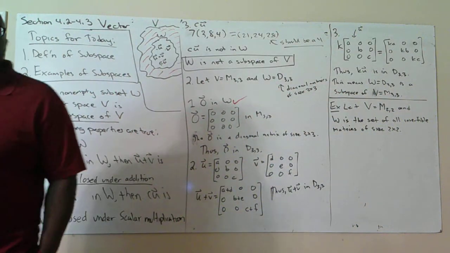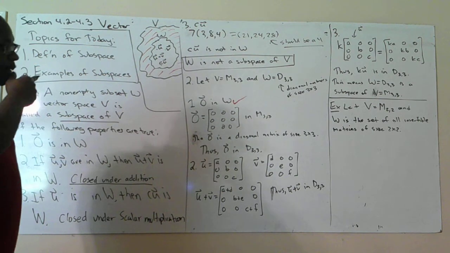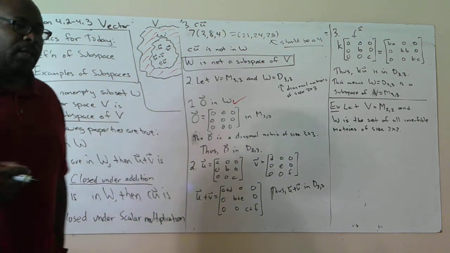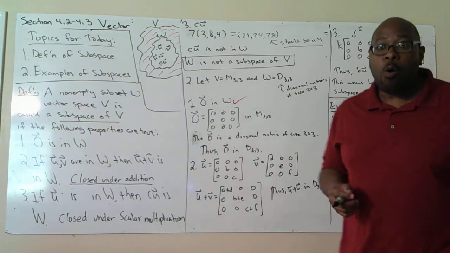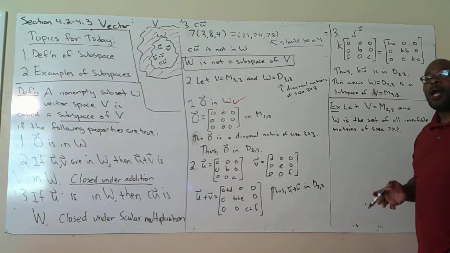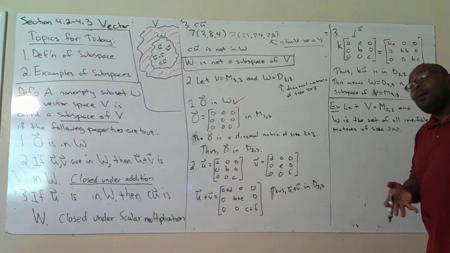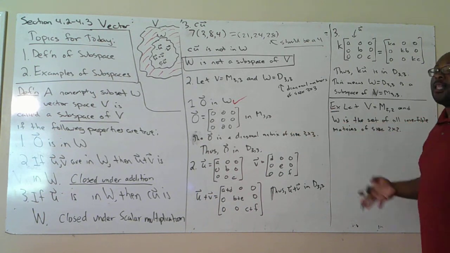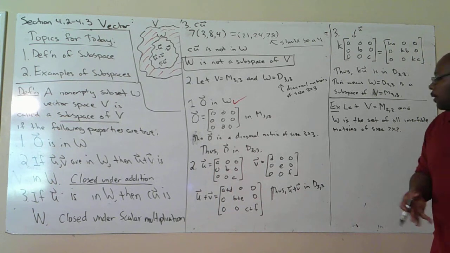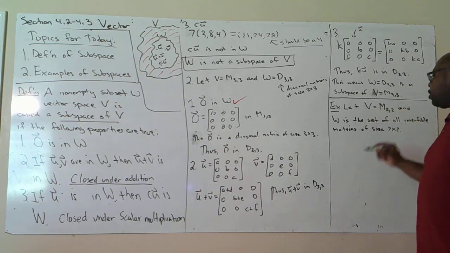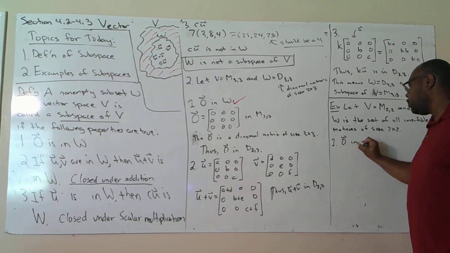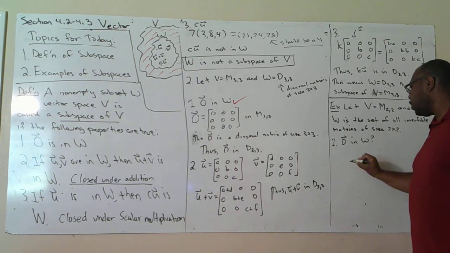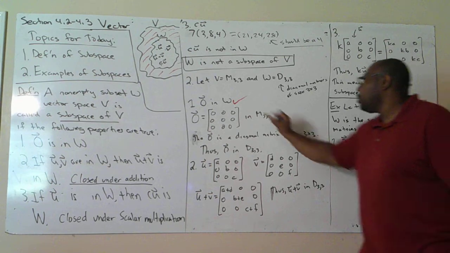And I want to know, is W a subspace? What do you guys think? You should automatically say no, absolutely not. What's the problem here? The problem is, what in the world is a zero vector? What's the zero vector for M22?